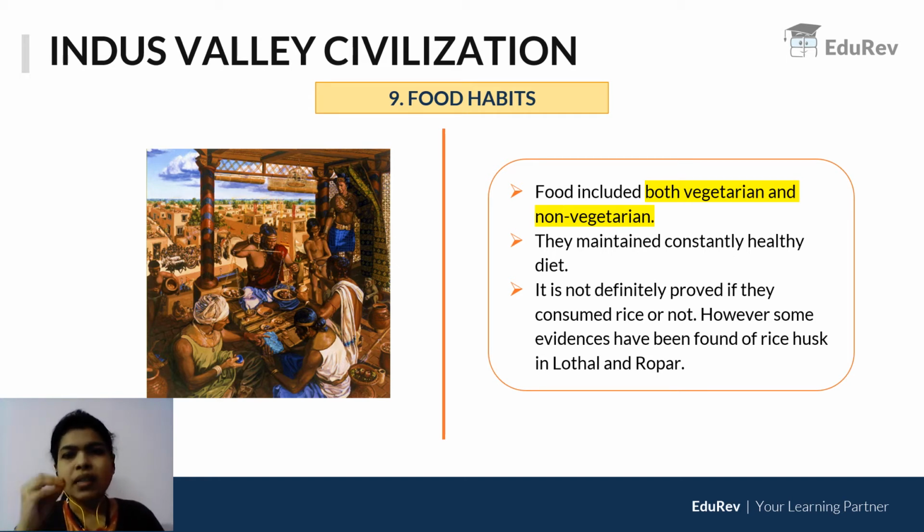Whether IVC people actually consumed rice or not, there is no very clear-cut evidence. However, you need to remember that some evidence of rice has been found at Lothal and Ropar.